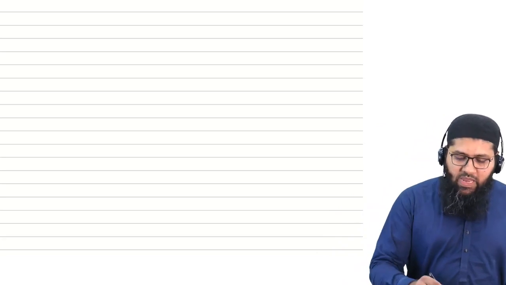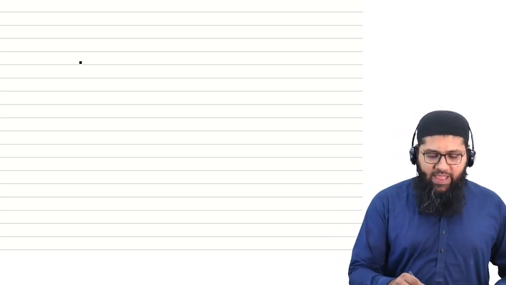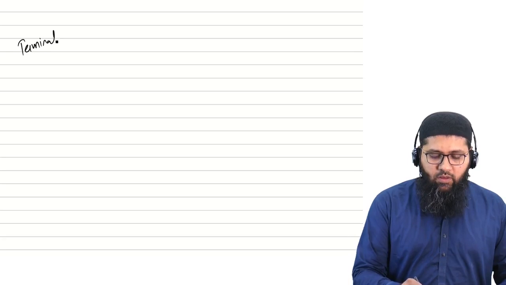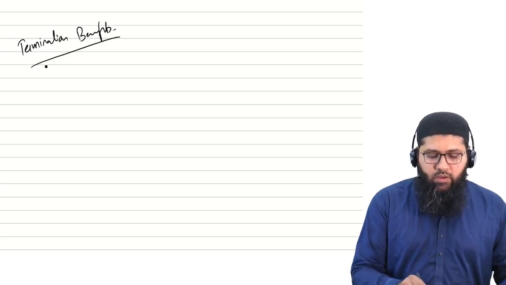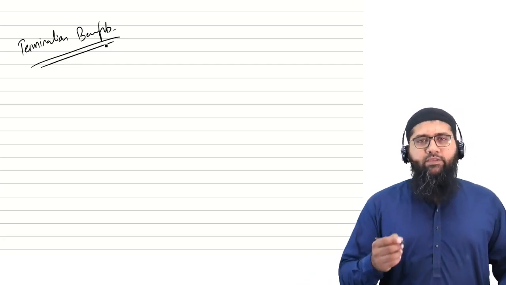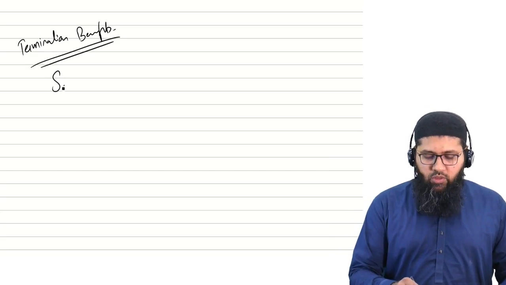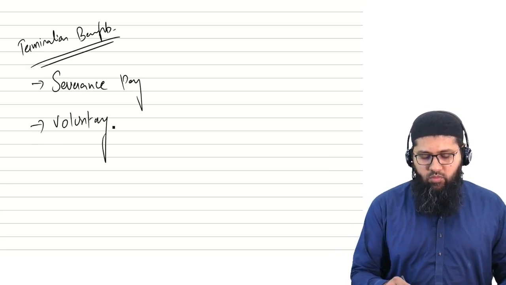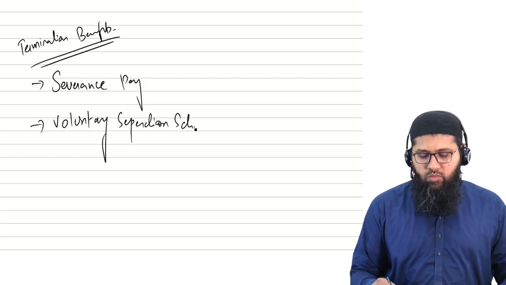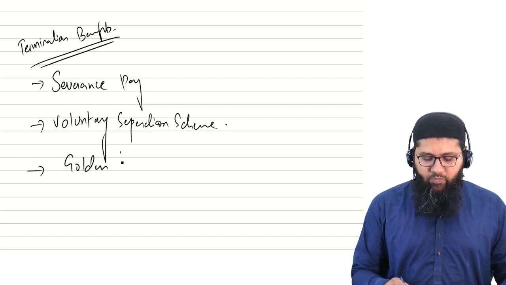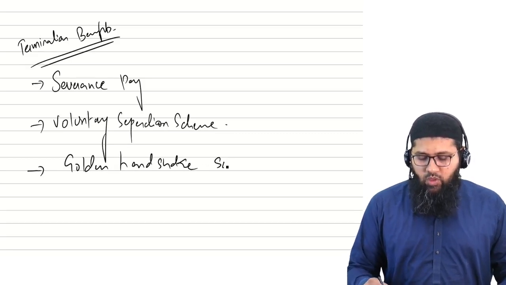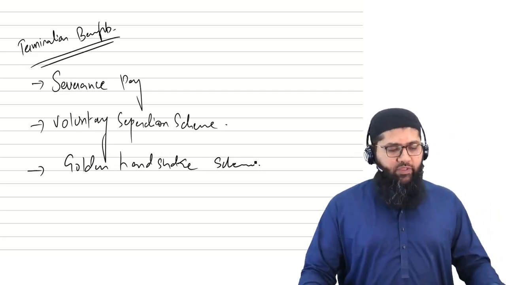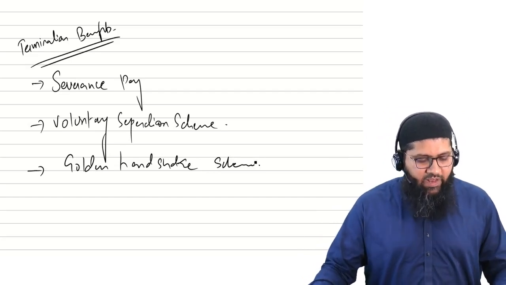Now, if I talk about examples of these employee benefits, some of the examples of the termination benefits would include severance pay, voluntary separation scheme, golden handshake scheme, etc. These are some of the examples of termination benefits.